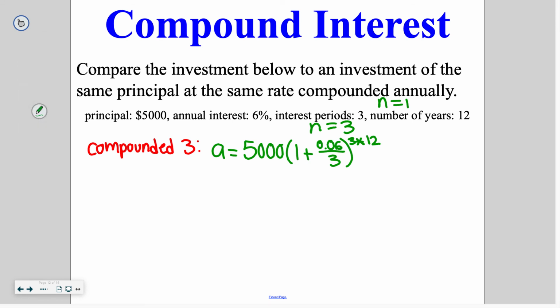You are going to get an answer of $10,199.44.